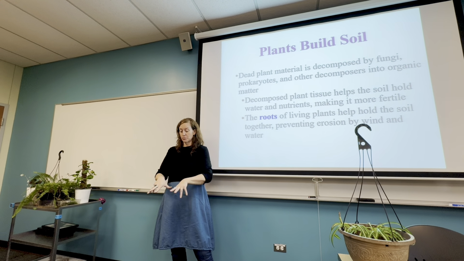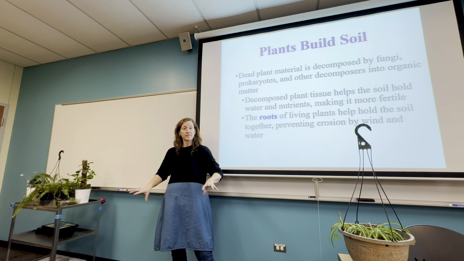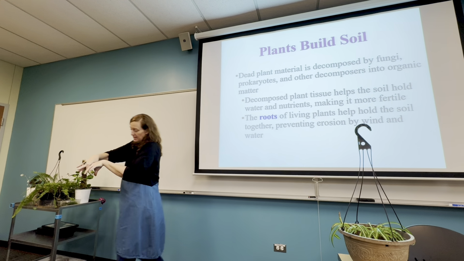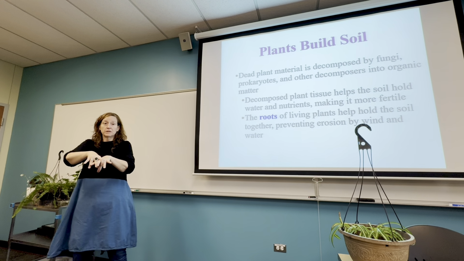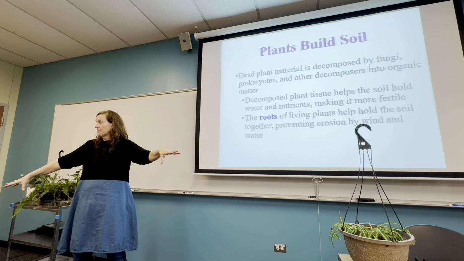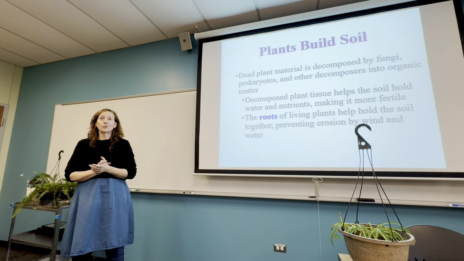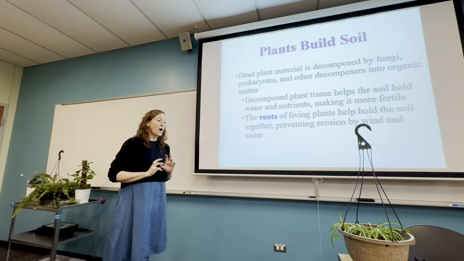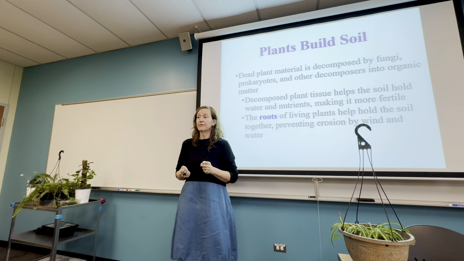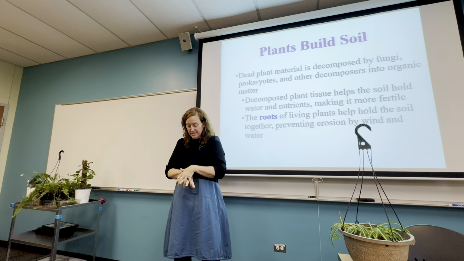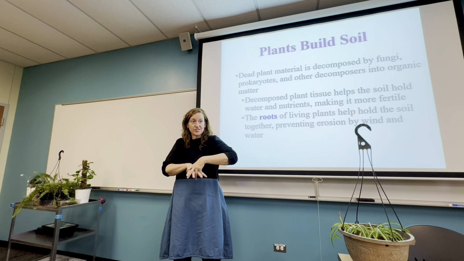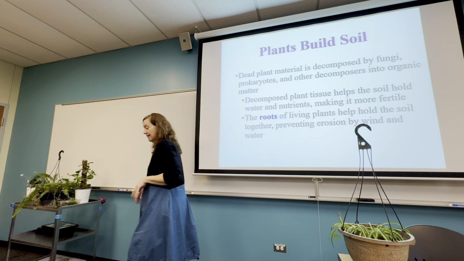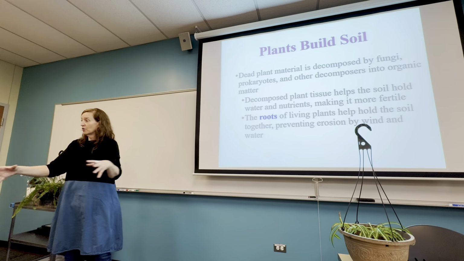And then the plants with their roots can absorb some of that. But the roots also make this stable system that holds on to all of those atoms or elements and makes solid ground. So in areas of the world, like near the oceans, where you have a lot of mangrove trees, the mangrove trees are really good at making overlapping root systems not only below ground, but above ground. And that helps to stabilize the shores.